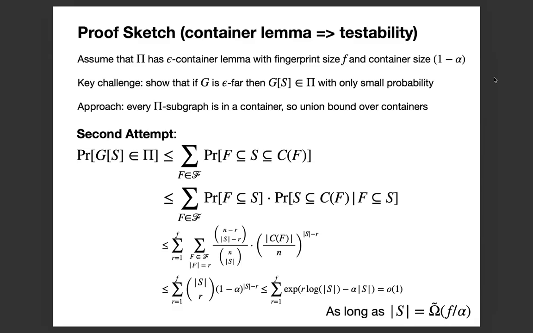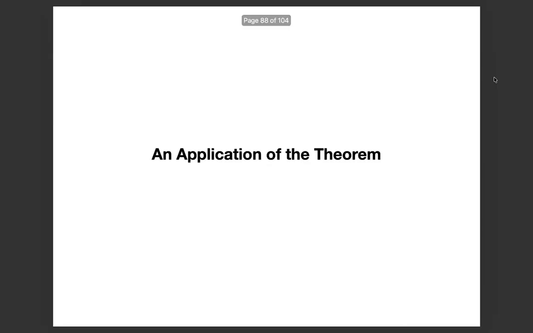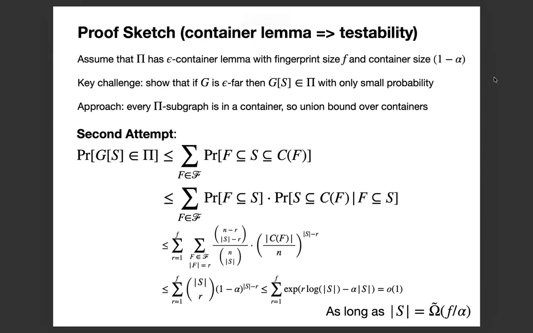Okay. Any other questions? Yeah. So it was actually in the proof when we started with testability and we went to the container lemma, we ended up finding that the fingerprint was going to be of size S squared.